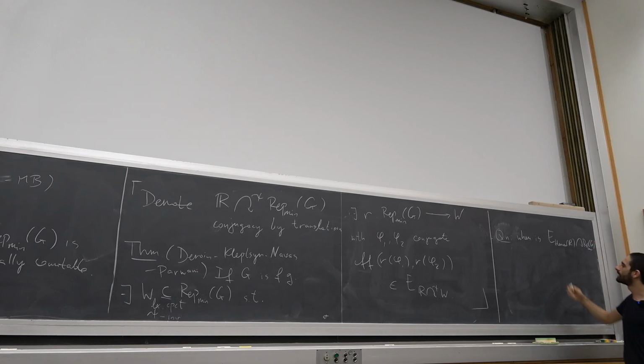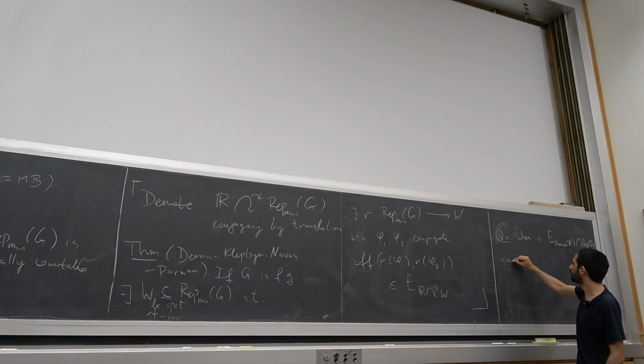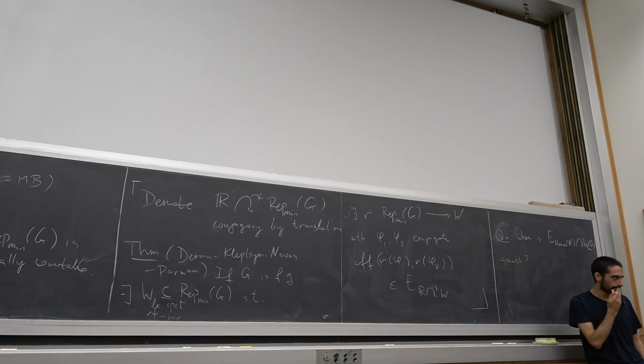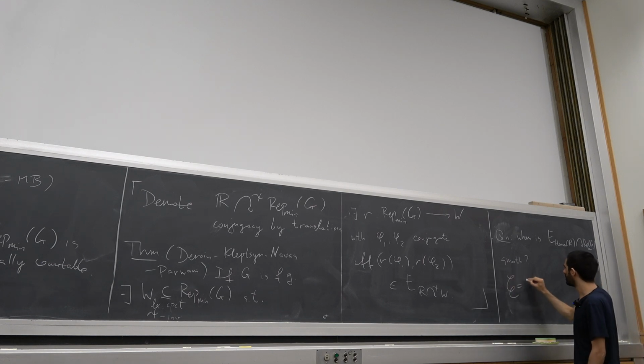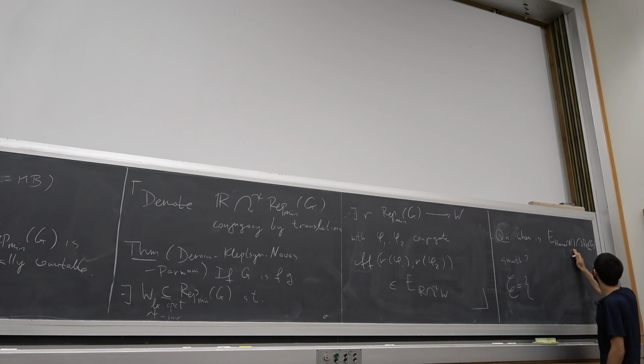Question is, when is this guy smooth? Okay, explicitly define C as the class of groups such that this relation is smooth.